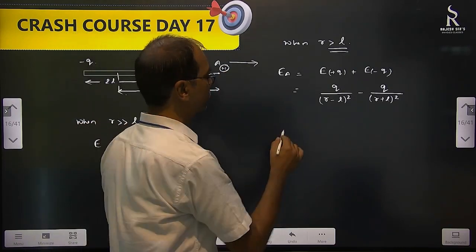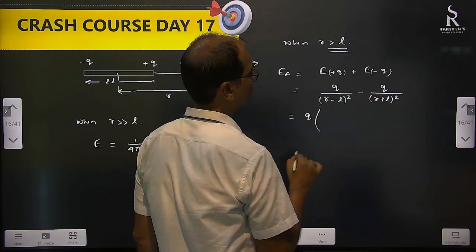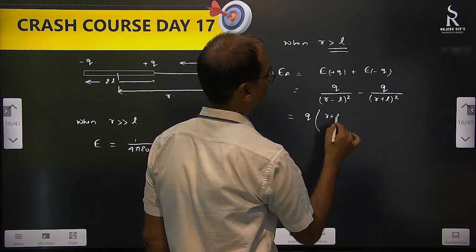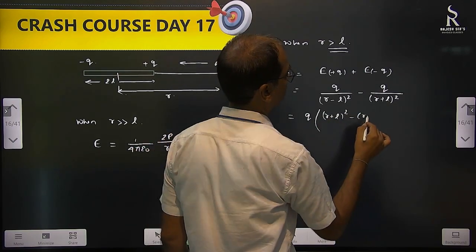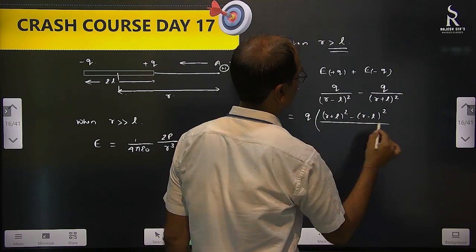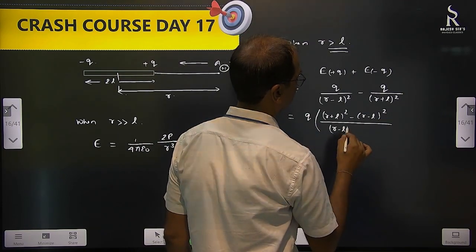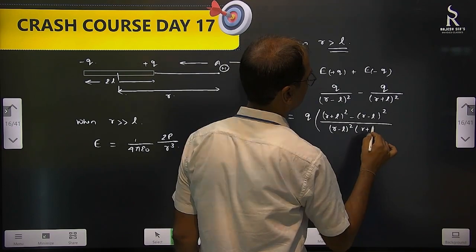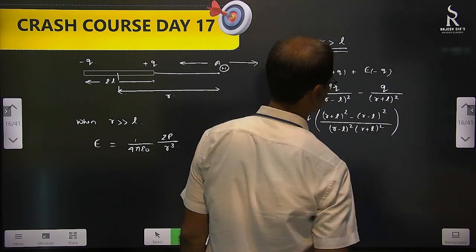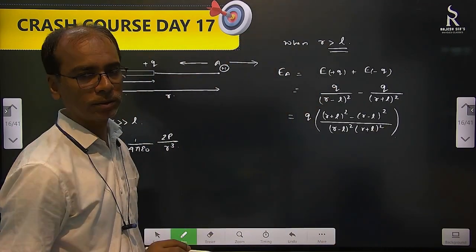So what are we getting? Q times [(R plus L) whole square minus (R minus L) whole square] by (R minus L) whole square into (R plus L) whole square, and 1 by 4 pi epsilon naught is there.